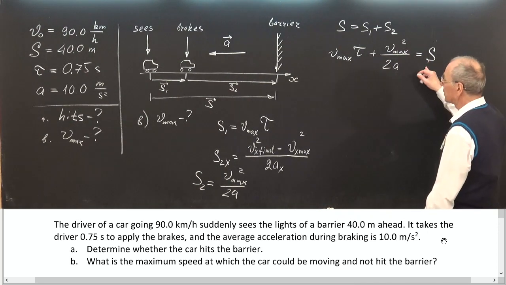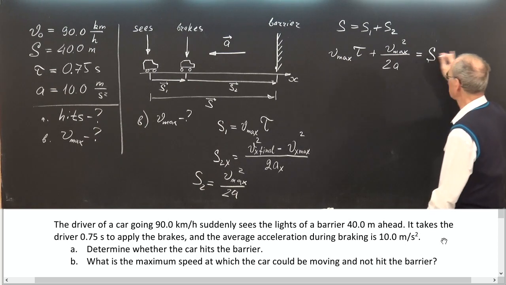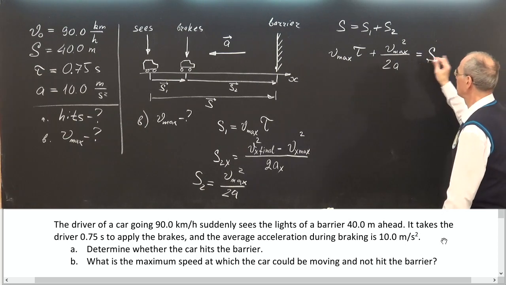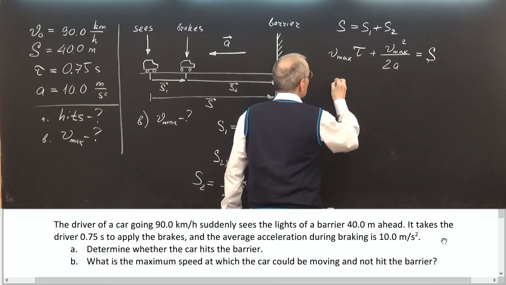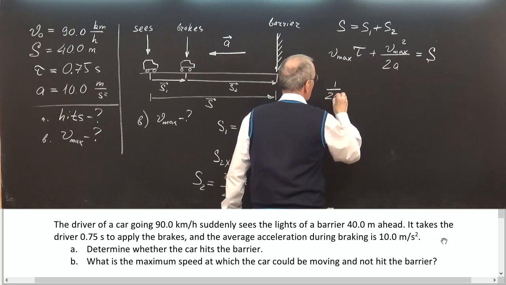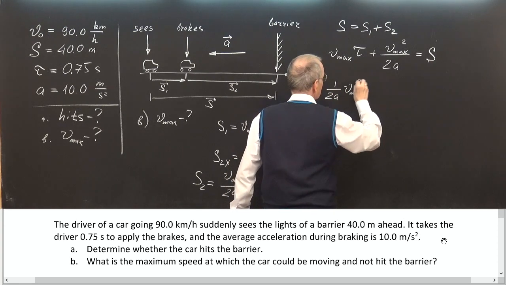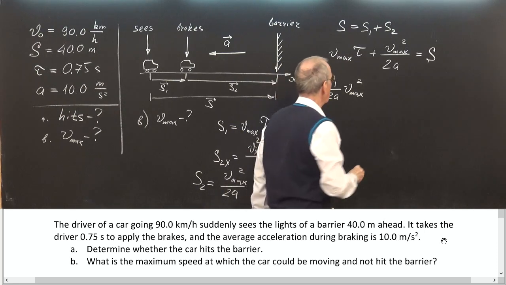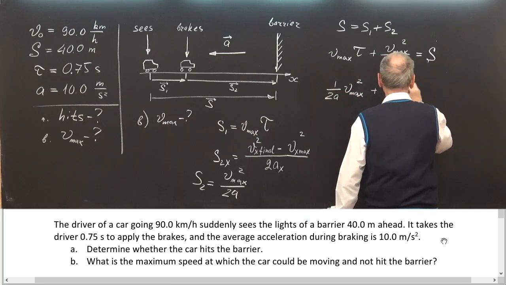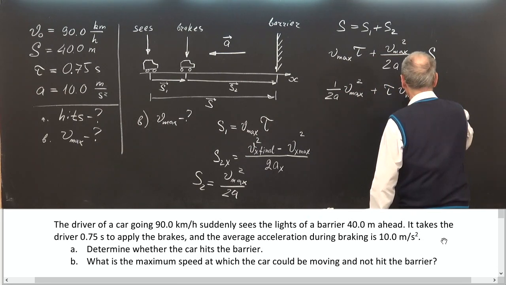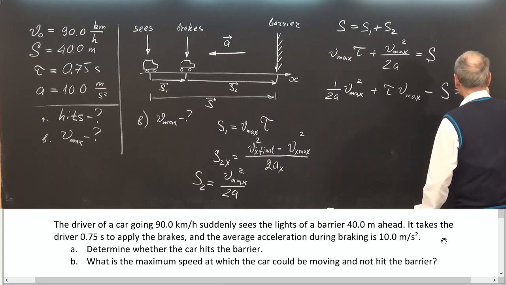We have a quadratic equation. Let's rearrange it to have 0 on the right side: the first term plus the second term minus s equals 0.